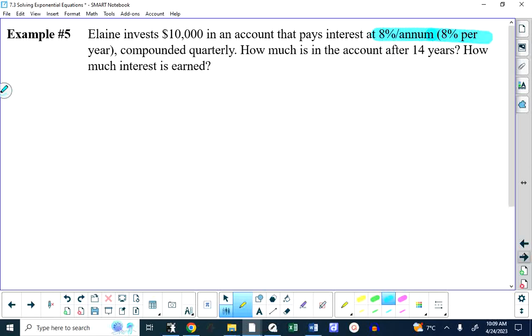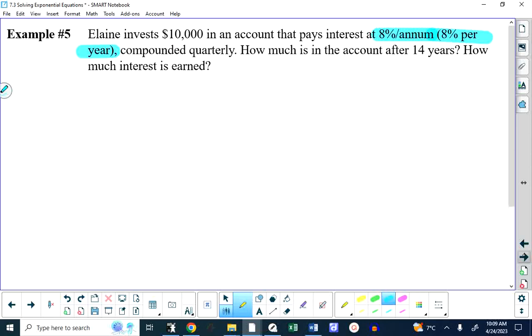It's 8% per year. But compounded quarterly means they're going to divvy it up into pieces. So it's going to be more than 8%, it turns out. But what they're saying is 4 times a year they're going to give you part of that 8%.